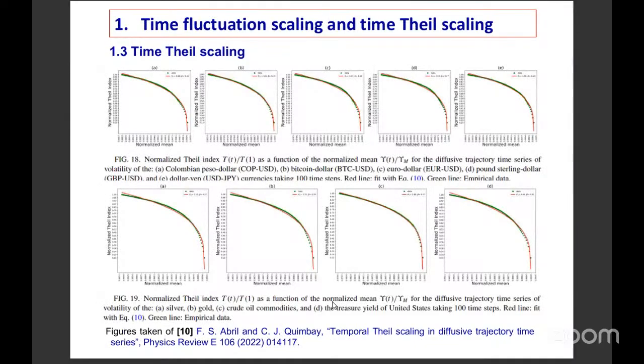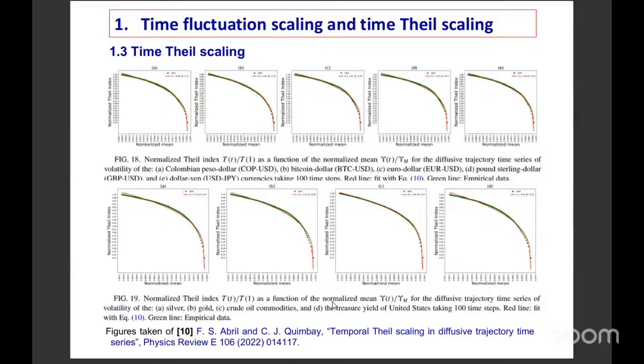Here I am presenting the different behaviors of the normalized tail index as a function of the normalized mean for diffusive trajectory time series of volatility for Colombian peso dollar, Bitcoin dollar, euro dollar, pound sterling dollar.